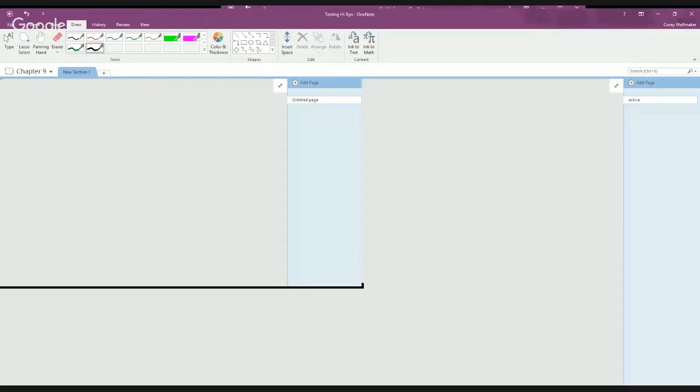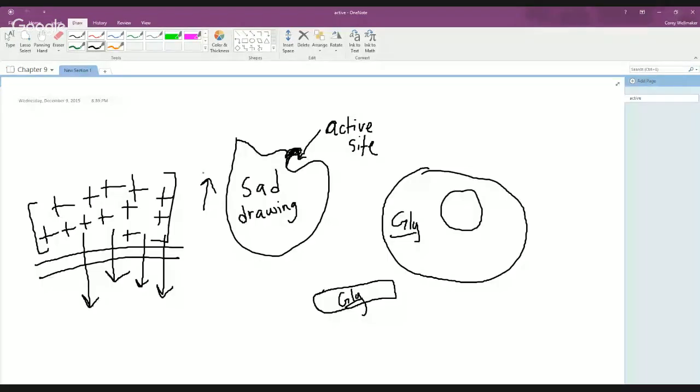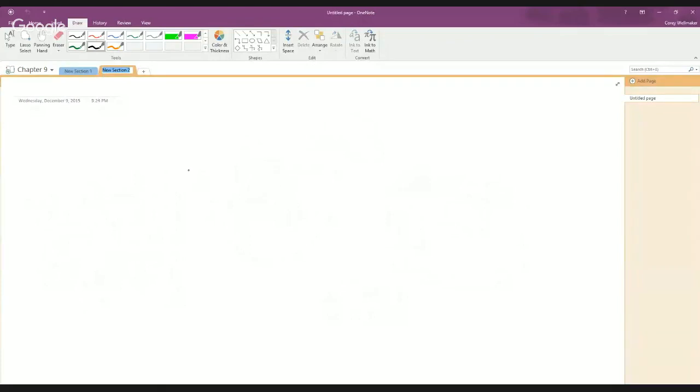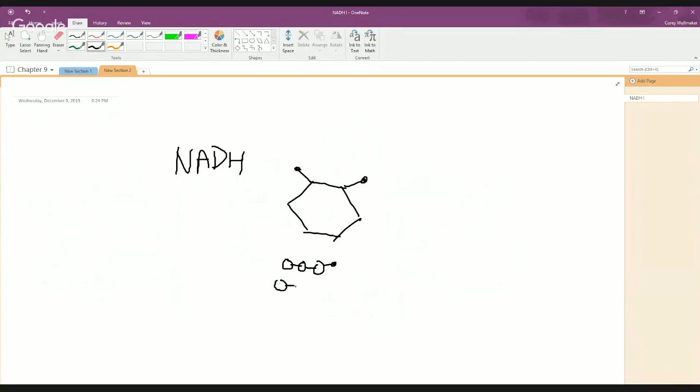Evelyn, let me see. The point of fermentation, Evelyn, is to regenerate NAD+. So remember, in glycolysis, you have glucose that is phosphorylated and then split into two molecules of G3P.